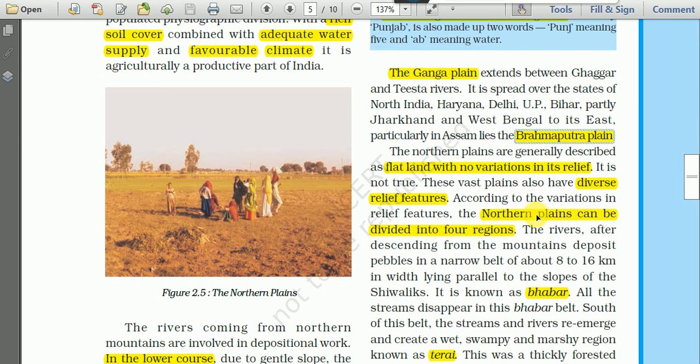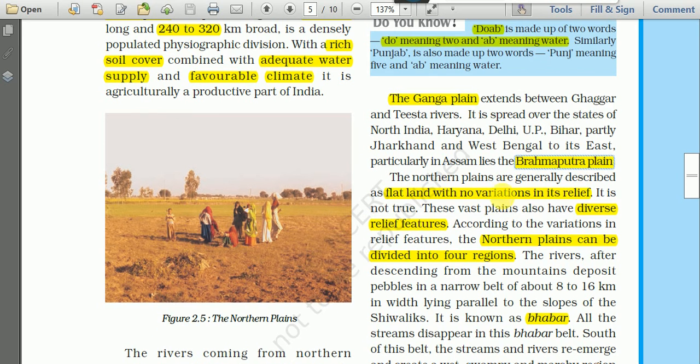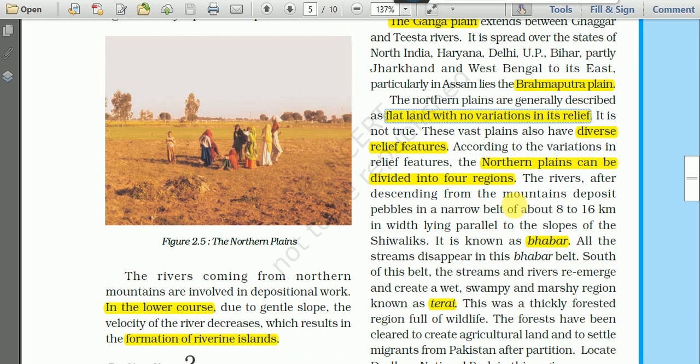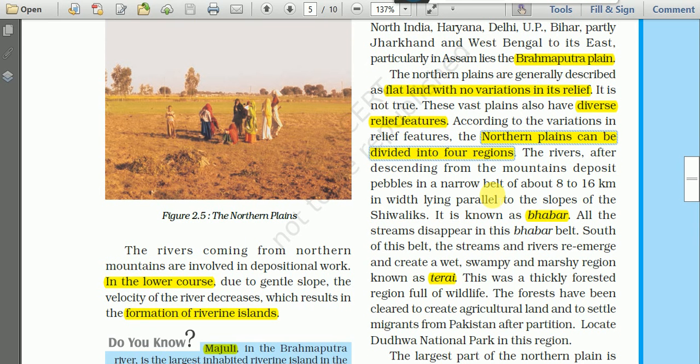The northern plains are generally described as flat land with no variations in relief, but that is not true. It is not a flat plain, it has many variations. These vast plains also have diverse relief features. According to variations in the relief features, the northern plains can be divided into 4 regions from north to south.